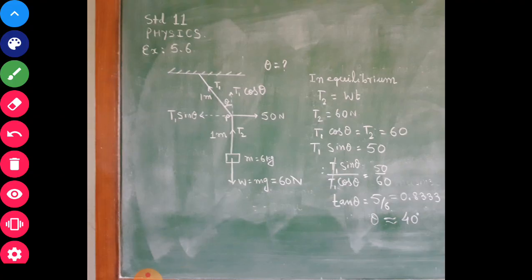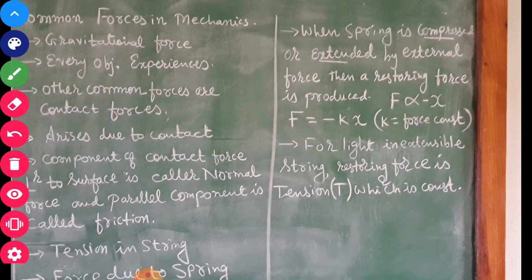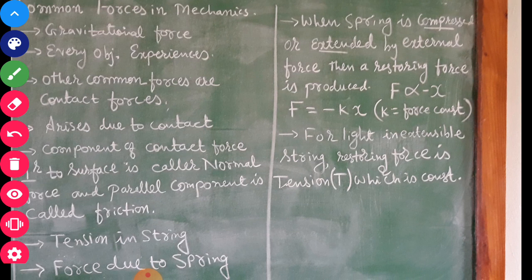This is very easy to understand. When a spring is compressed or extended by an external force, a restoring force is produced, that is F is proportional to minus x. So F is equal to minus kx, where k is the force constant. For a light inextensible string, this restoring force is nothing but tension, which I tried to explain.